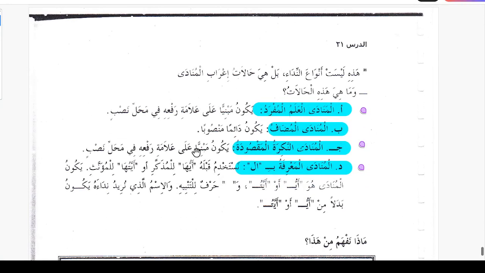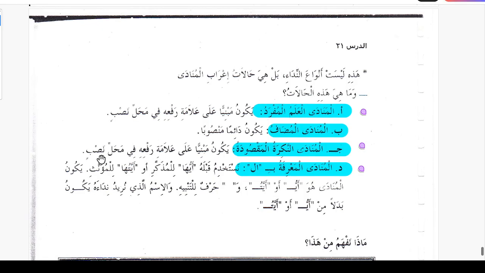So this is mabni and with the sign of rafa in place of nasab. This one. And the second one is ya amir al mu'minina. So this is mudaf alayhi, the amir of the believers.